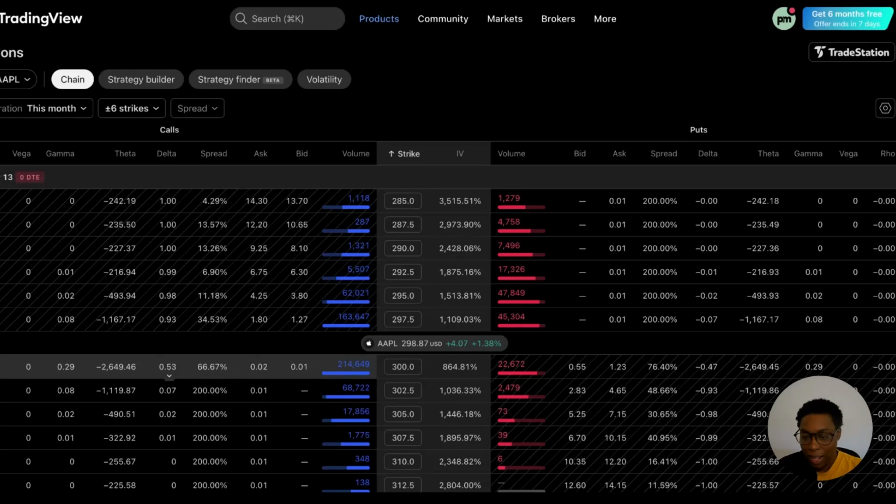Now let's look at the vega. Vega is more of a volatility measure. Basically, it lets you know that for every 1% change in a stock's volatility, the value of your option can change with it.